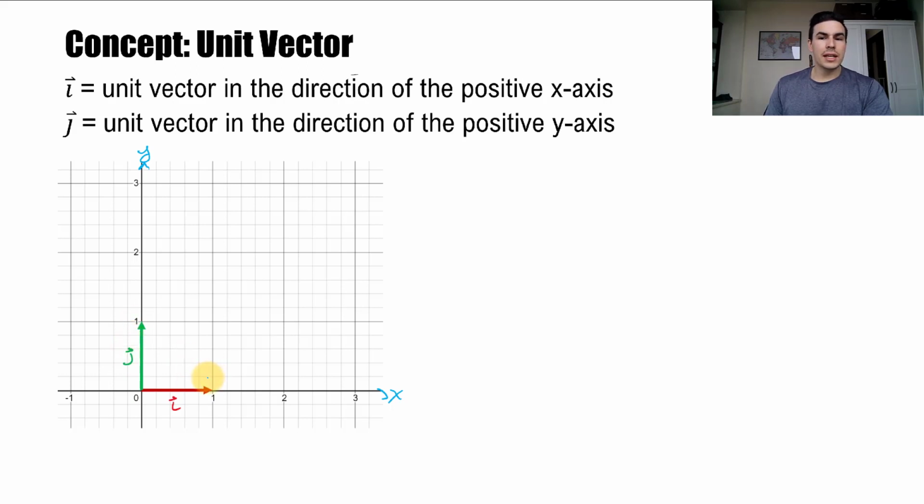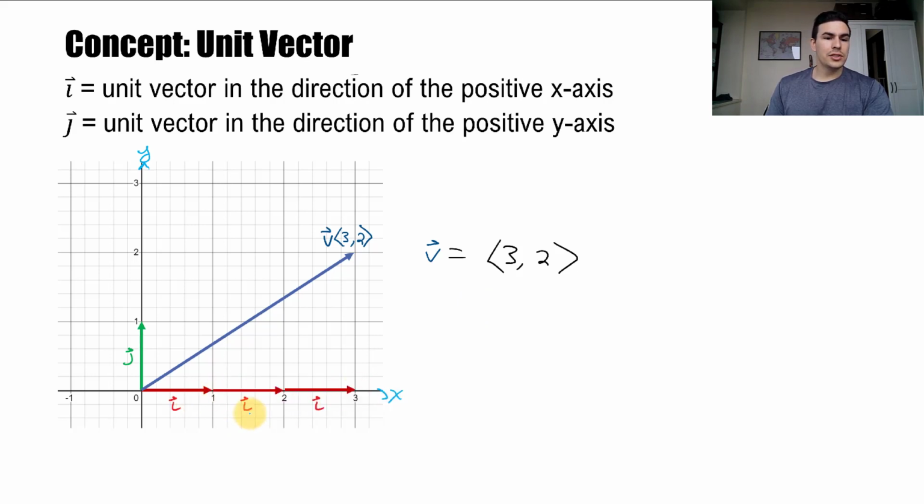Now we can represent any vector in terms of these unit vectors, and that's what our linear combinations are. That was our objective for today's lesson. So if I have vector v, we can represent this in component form like so. Hopefully you can see if I were to multiply my unit vector i by 3, that's just the horizontal component for this vector v.